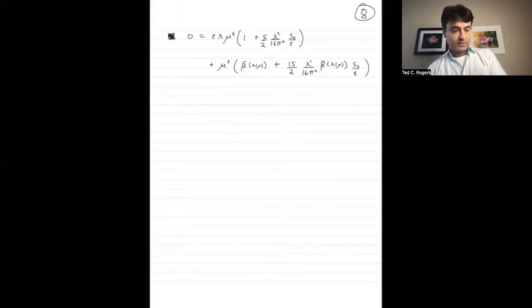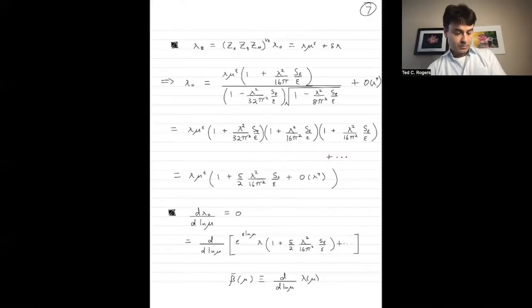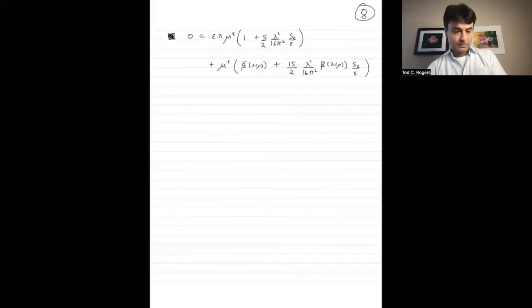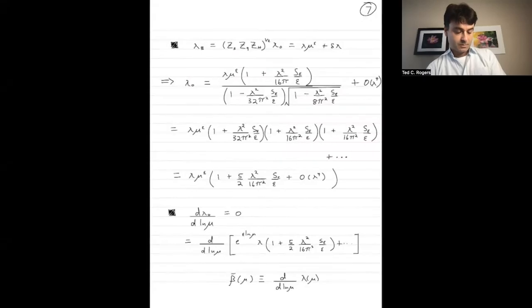But okay, with that definition, now we set 0 equal to the derivative of all this stuff. So we can do the product rule, take the derivative of this first, multiply it with what we have here. And we just get epsilon lambda mu to the epsilon times all of this stuff.